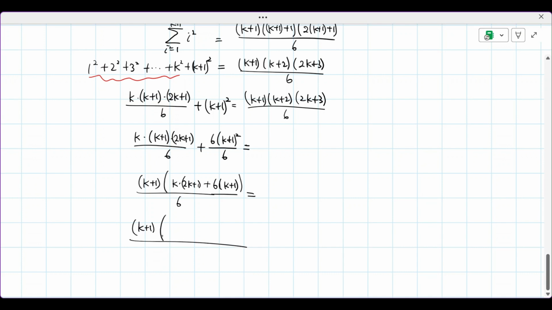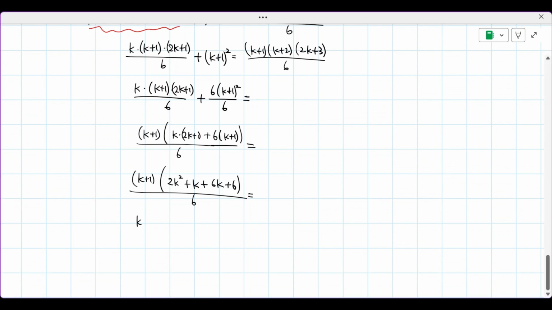Now let's expand the second factor: 2k squared plus k plus 6k plus 6. So that becomes k plus 1 times 2k squared plus 7k plus 6 over 6.